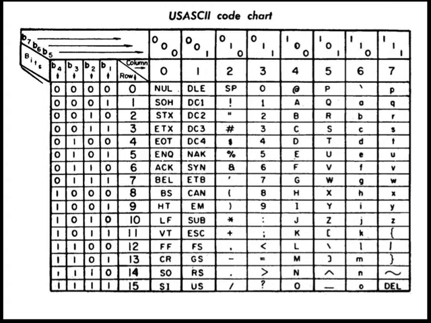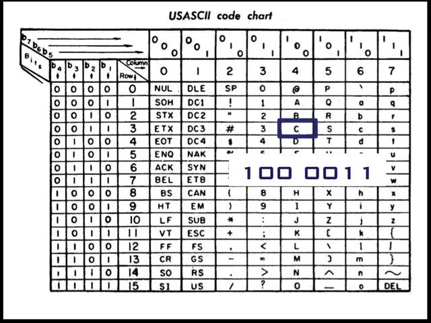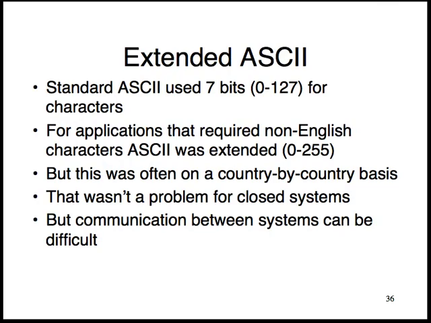Now, that was fine, and that was grand for a long time. But what happened then when you went to Spain or to Germany? Clearly, people in those countries needed a bit more than just the plain vanilla English characters.